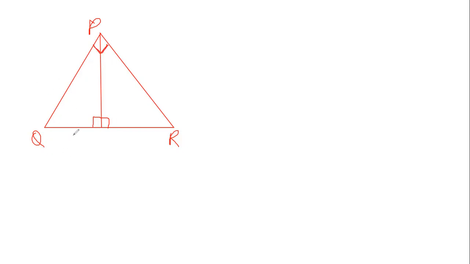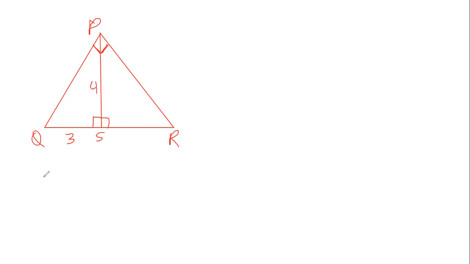Now I have already mentioned, let's say PQR, this is S. So QS is given to me 3 and PS is given to me 4.